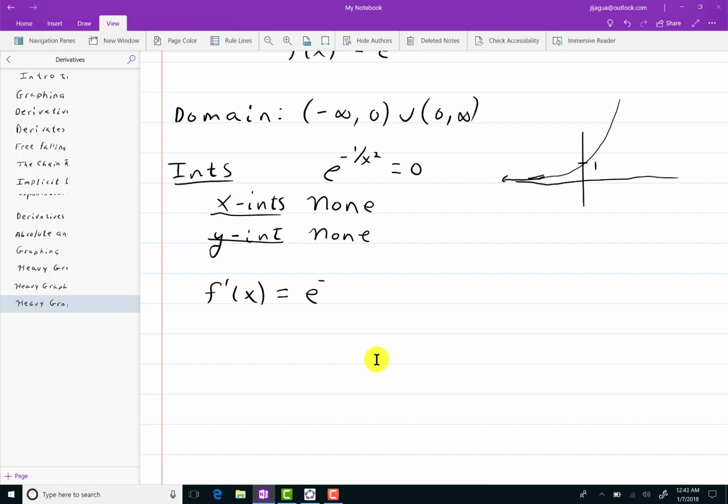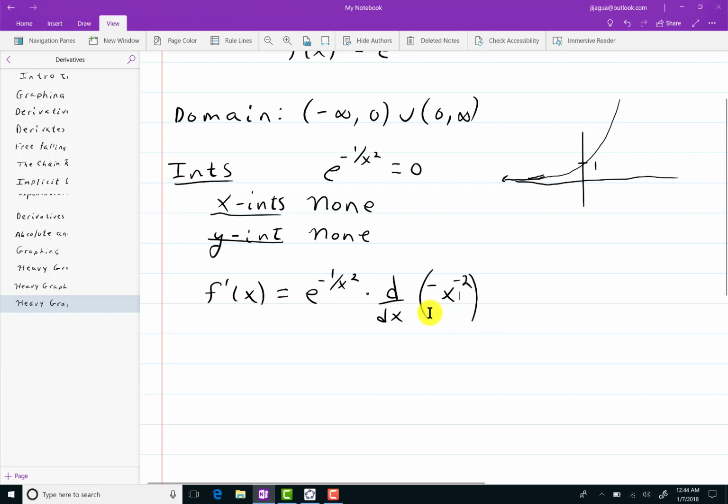Remember, the derivative of e to the x is e to the x, so I'm going to get this part, but then I have to multiply it by the derivative of negative 1 over x squared. Now, you can do the quotient rule and stuff like this, but instead of that, let me change this in here to x to the negative 2.